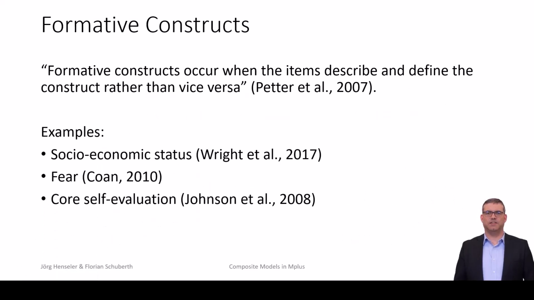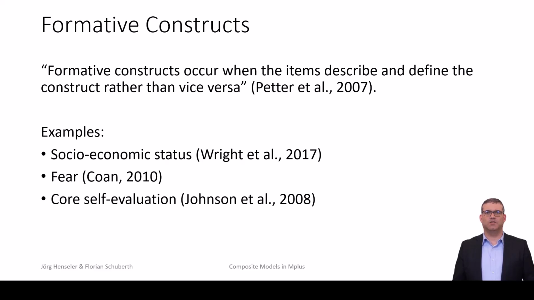Another field of application of composites are formative constructs. Let's start with a quote from Petter and colleagues from the information systems domain. They say, formative constructs occur when the items describe and define the construct rather than vice versa.